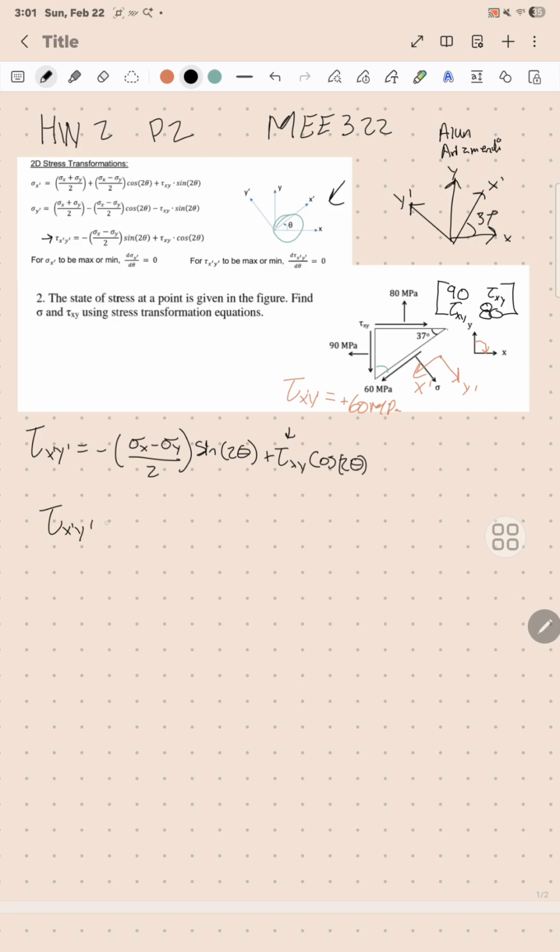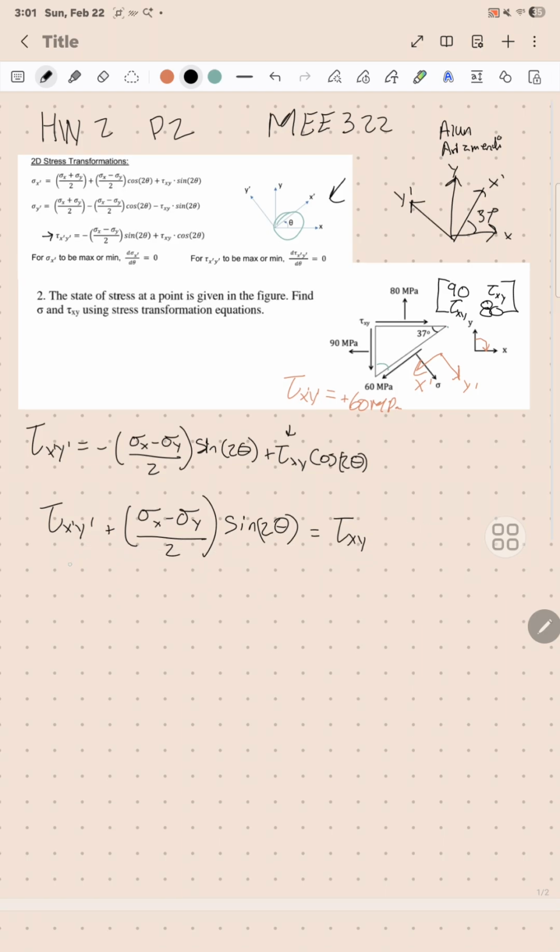This guy's gonna end up being adding x minus y over 2 sine of 2 theta, and I would end up with tau xy cosine of 2 theta, which when I pass it over here, I'm just going to divide both sides by it. So let's go ahead and just do that right now. Cosine of 2 theta.